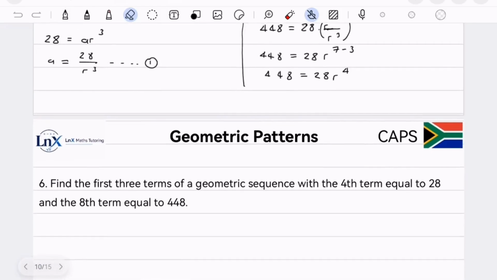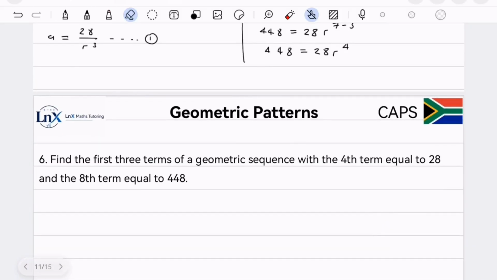So let's solve for R, which is our common ratio, right? Let's just rewrite it here, firstly. So we're going to have 448 equals 28 R to the power of 4. So R to the power of 4 equals 448 divided by 28.